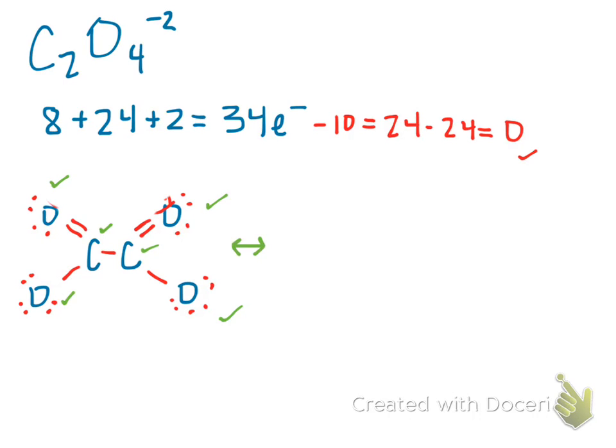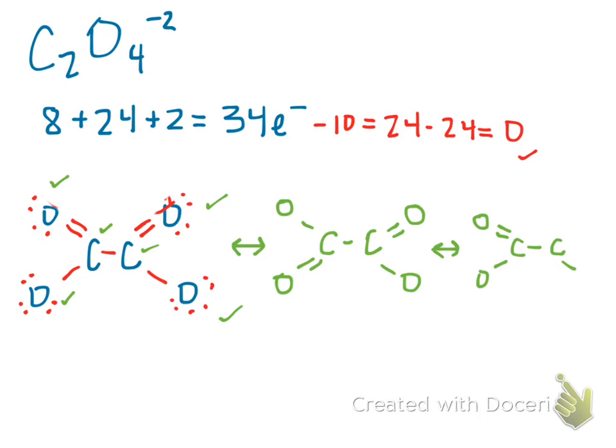So we draw the double-headed arrow. It doesn't matter what order our resonance structures go in. We just have to hit all of the combinations. Oh, I might have already done them all.